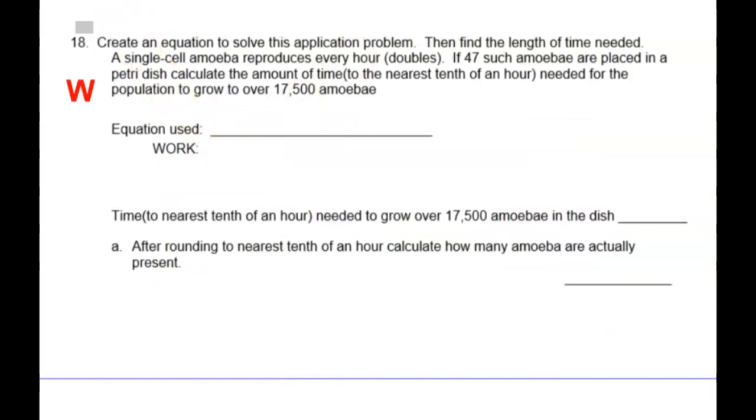All right, last one on this page. A single cell amoeba reproduces every hour it doubles. This is a very kind question because it says every 1 hour. So H is 1 hour. I don't know that it's that way on the test, I can't remember. 47 is your n sub 0. And this is what you want to get to.